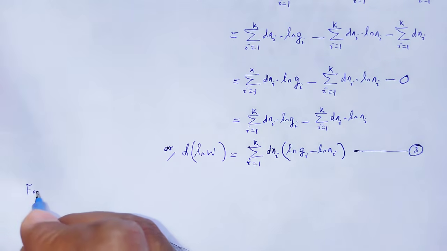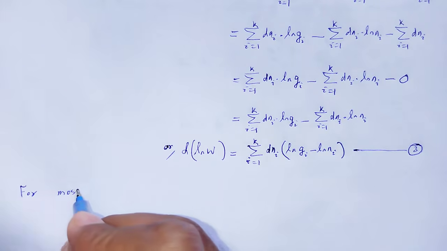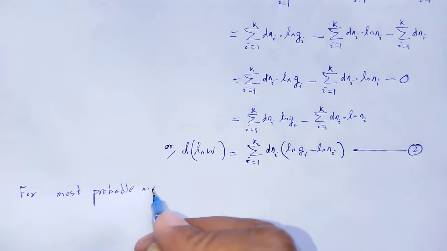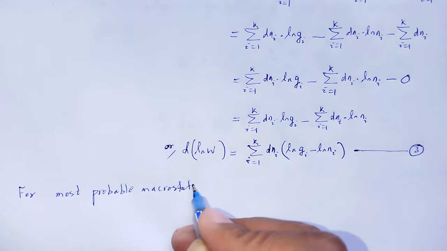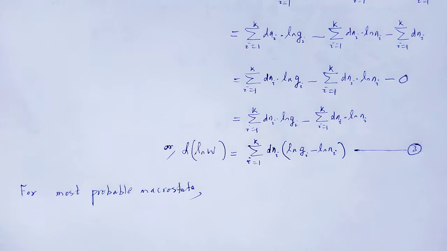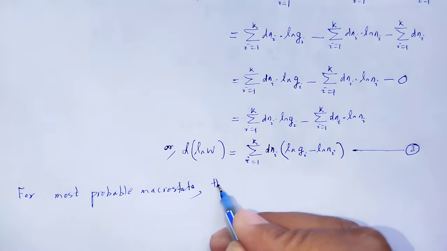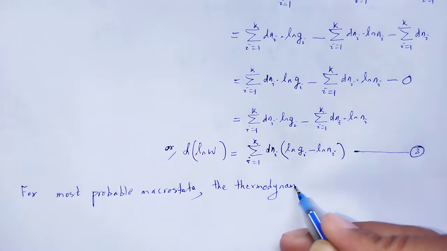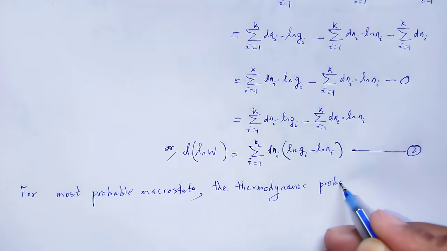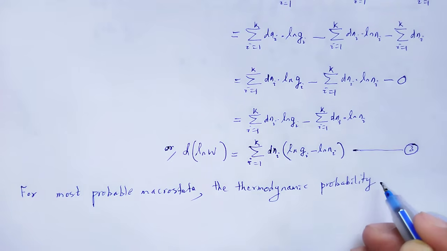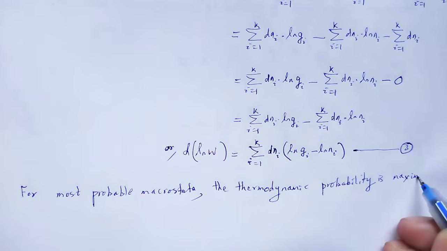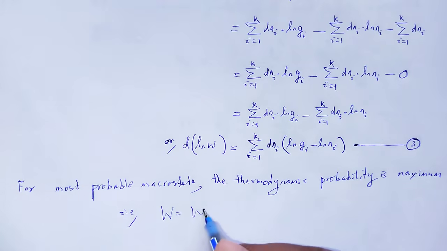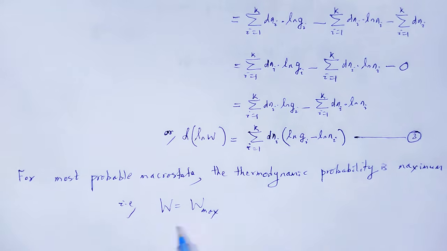For the most probable macro state, the thermodynamic probability is maximum, that is W is equal to W max.